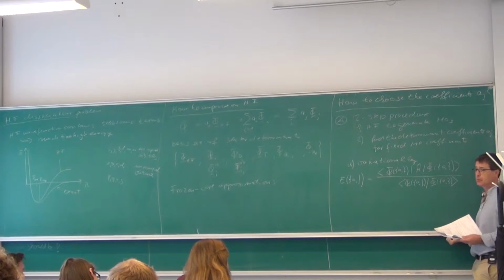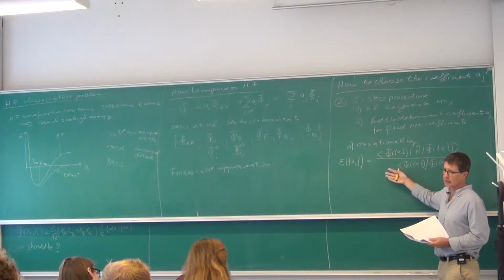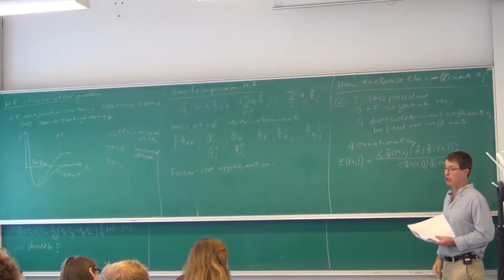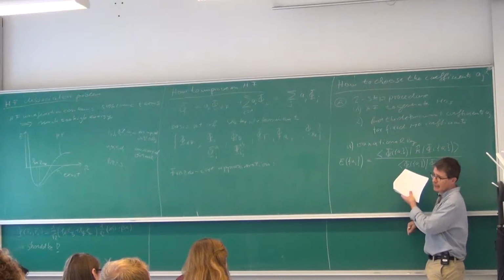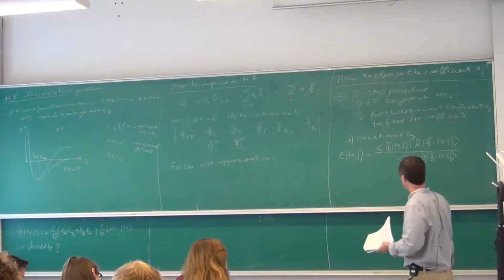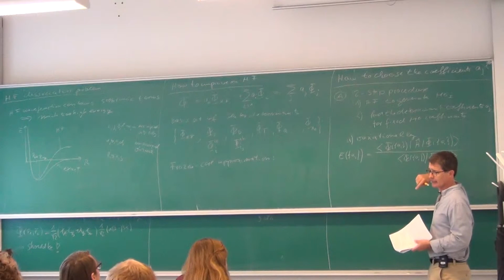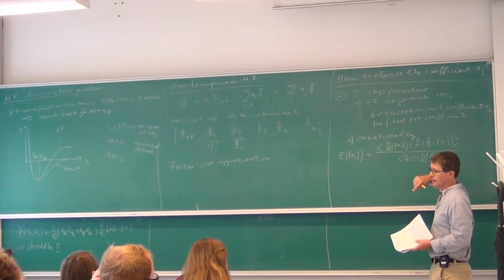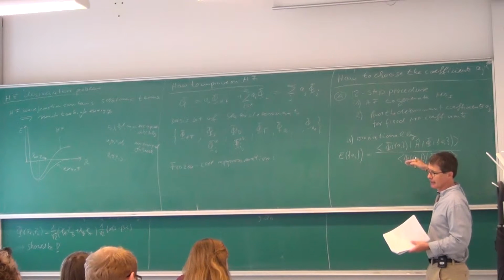Variational means, because this is the Rayleigh-Ritz variation principle, the best wave function is the one which gives the lowest energy. If you calculate the energy as this expectation value, you can show that the best energy, the one closest to the exact energy, is the lowest one.